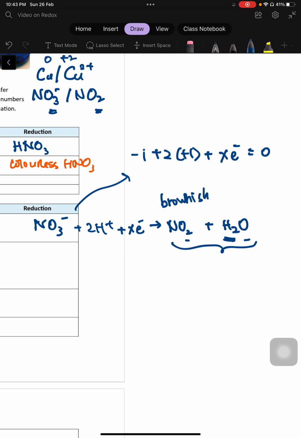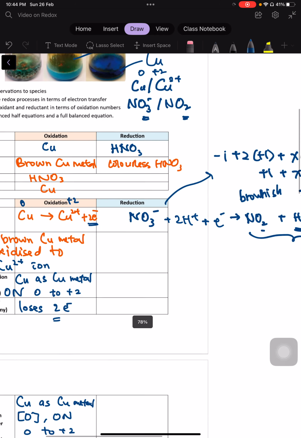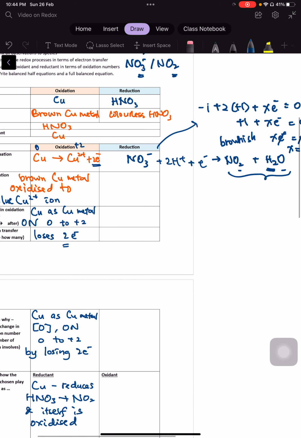Solve the equation. Once you get -1, you just cancel out as they have the same charge. Therefore x is 1. So I'm going to erase the x because that's 1. And voila, this is your half equation.